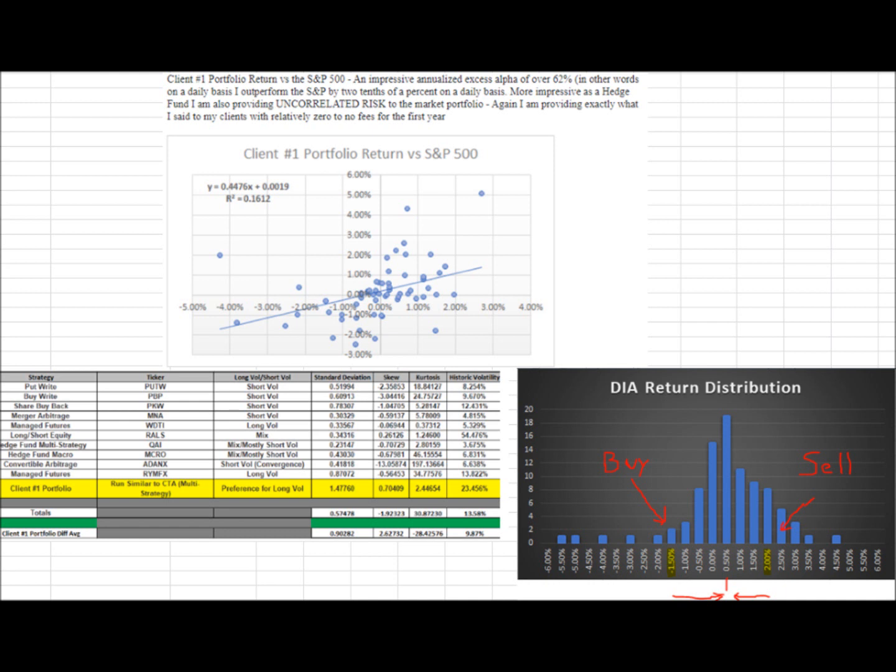Ultimately what that means is that if the market moves 0.37% in any given week, you want to buy the market if it were to move down 1.5%, and you want to sell the market if it were to move up 2%. So those are pretty much the one standard deviations from the mean on the market.